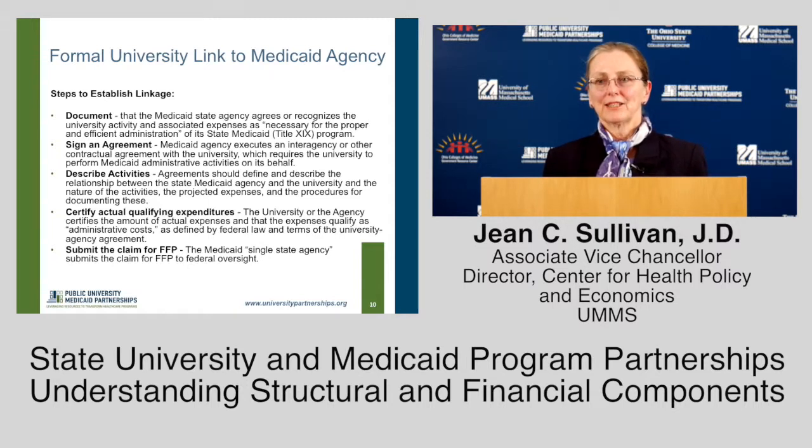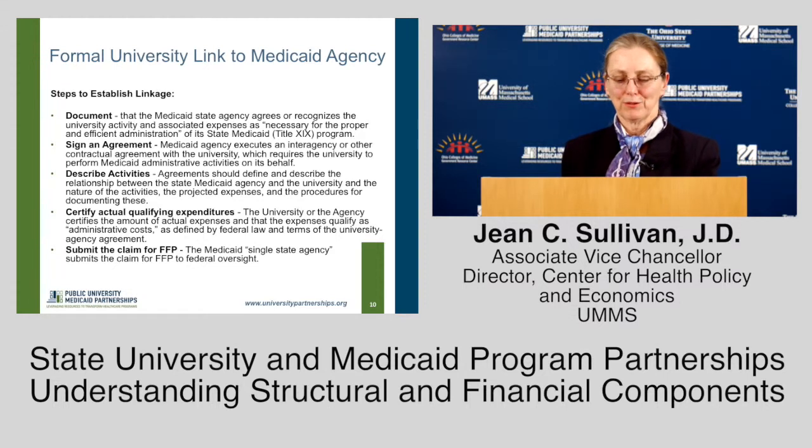But if that activity hasn't been described in advance to the Medicaid agency, and the Medicaid agency has not asked for that work to be done or isn't able to connect that work directly to what's necessary for maximizing the effectiveness of the Medicaid program, then you're not going to be able to get a federal match.